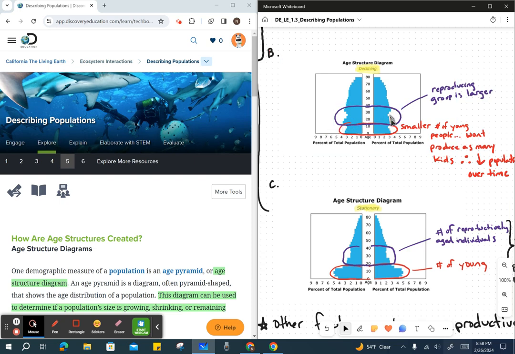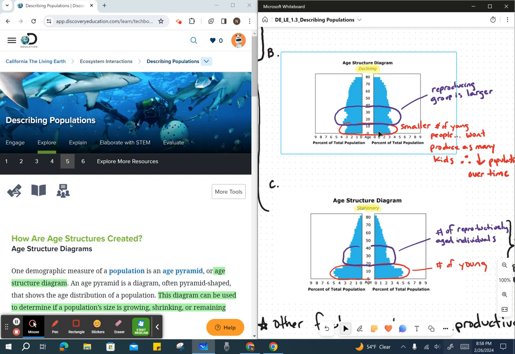Okay, see how much they're a little bit wider as far as a percent of the population. More people are here, fewer people are down here. If you have a smaller group of young people, eventually that small group, when they get to reproducing, having kids of their own, they're not going to contribute as many people to the population.